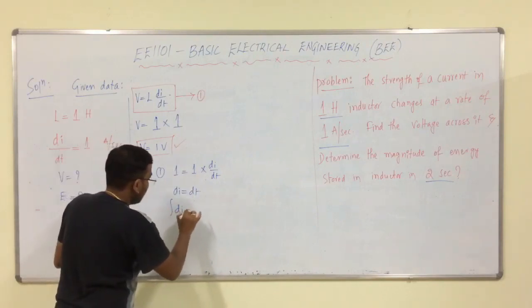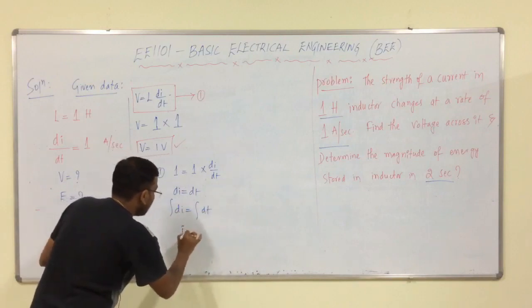Simply di is equal to dt. From this, I is equal to t.